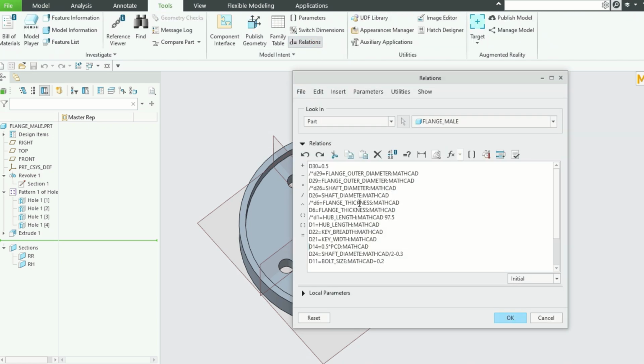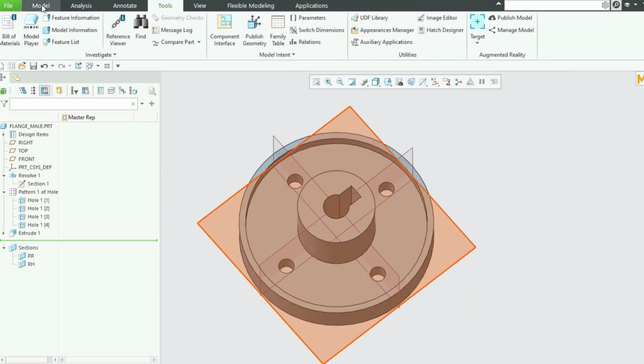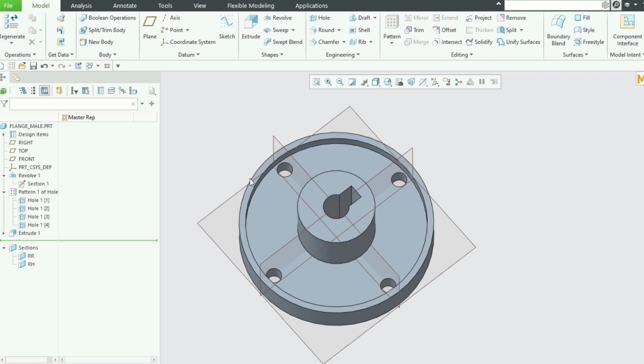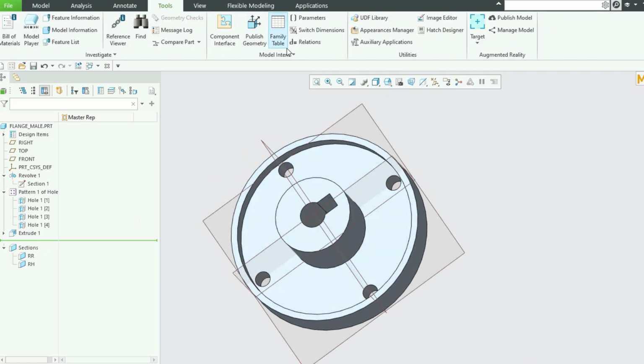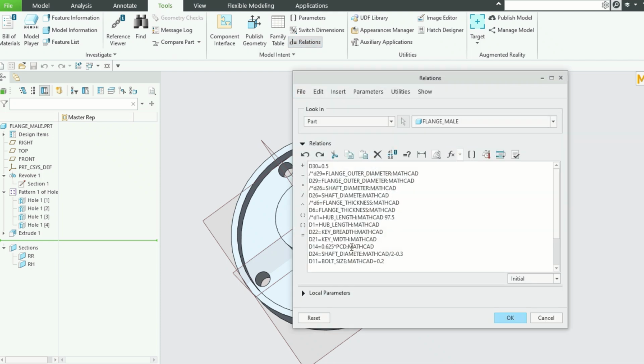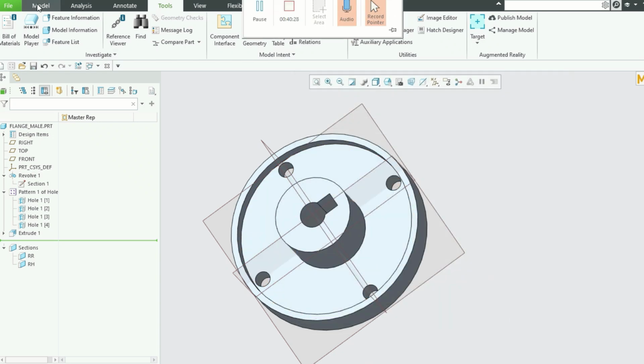Tools, relations. Some 6.5 times PCD. Then again like this, where does it relate? It should be 6 times. Nice.